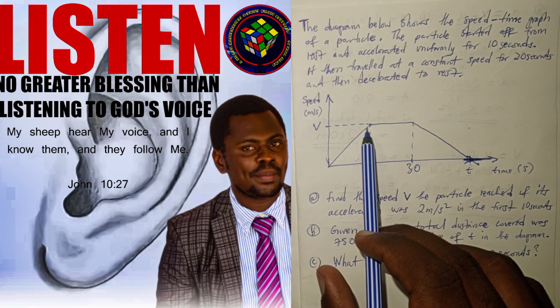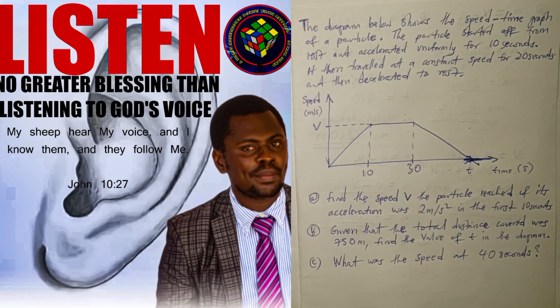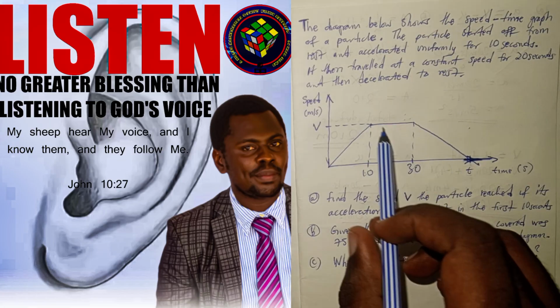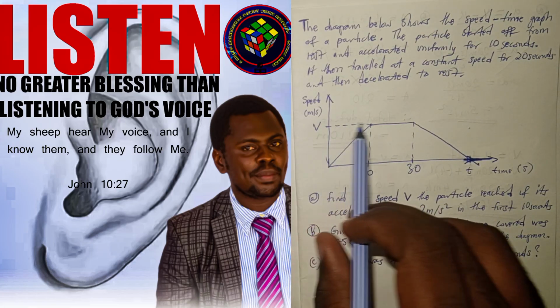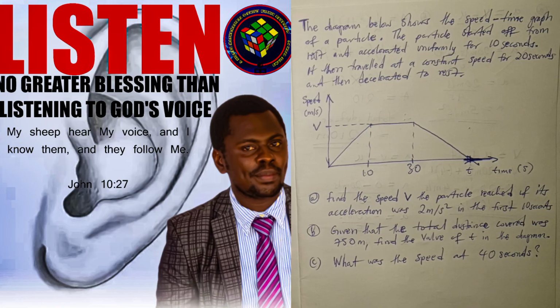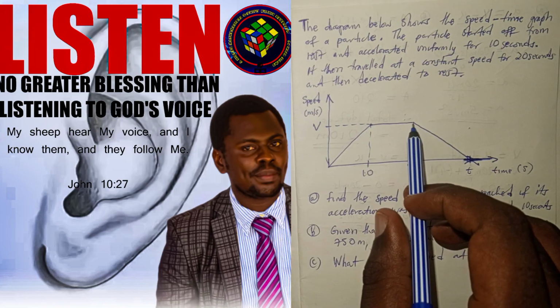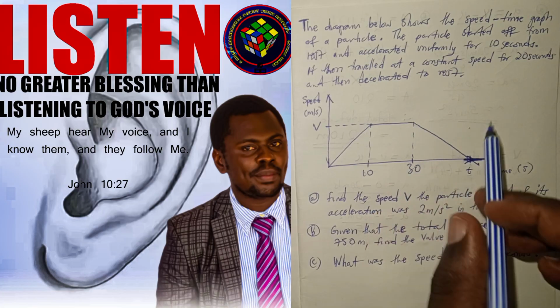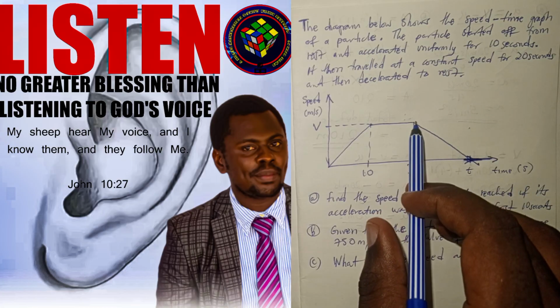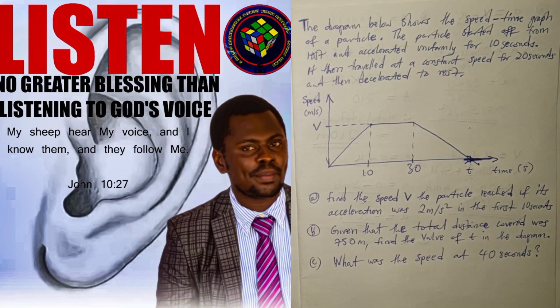Then from 10 to 30, that is for 20 seconds, it maintains a speed of v meters per second. Then it started retarding or decelerating, from v meters per second to 0 at 40 seconds.